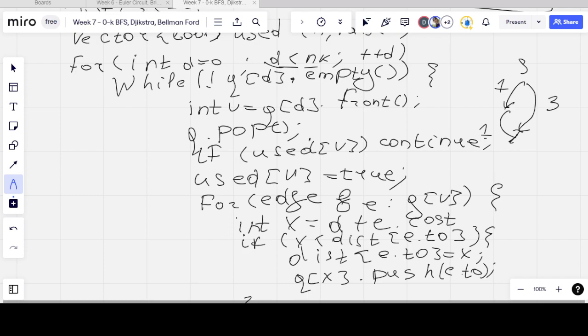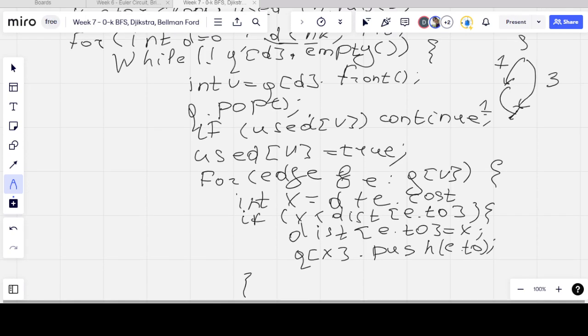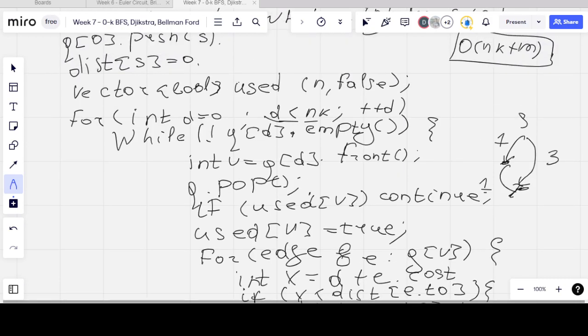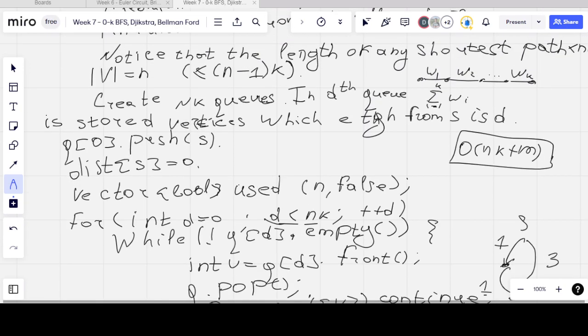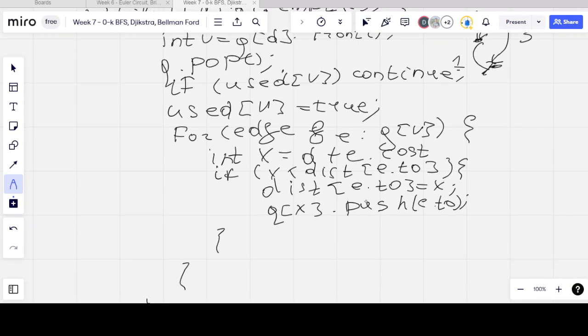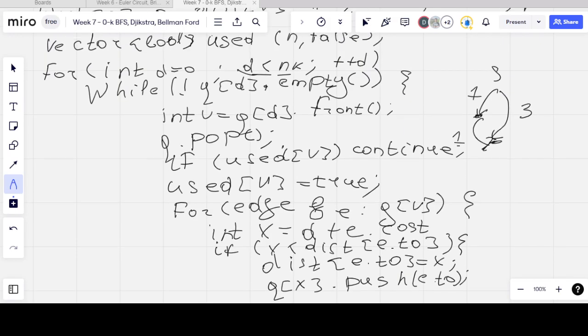We push S, then we try to do relaxation for this vertex and this vertex, and by the way, dist from S to everywhere is equal to infinity, and we just update it.